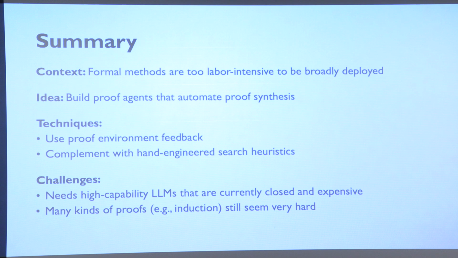And many kinds of proofs still seem very hard in spite of using GPT-4. But again, this is a start. I think that this direction is really exciting. And the biggest hurdle to the widespread deployment of formal methods has been its labor cost. And I'm really hopeful that these ideas are going to make them a lot easier to deploy.